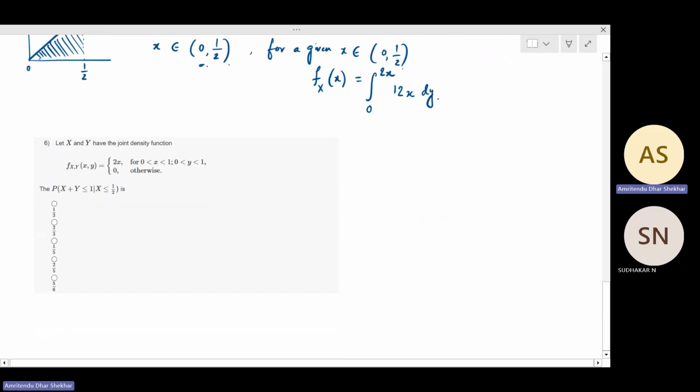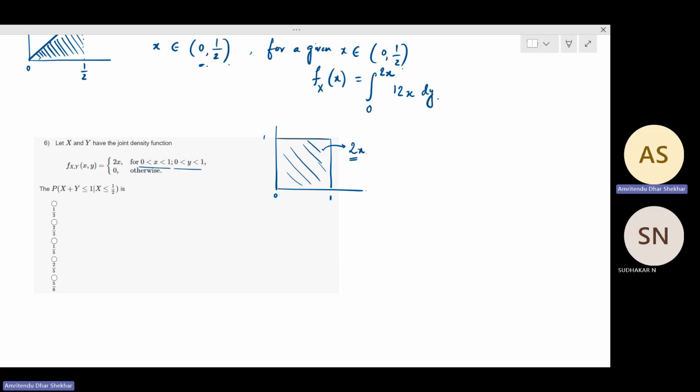Over here, the PDF is defined in this way. You have x from 0 to 1 and y from 0 to 1, so you have this square region. This is where the PDF is defined, and the PDF is equal to 2x. Of course, you can check that this is a PDF: if you integrate it over the square, you should get exactly 1.